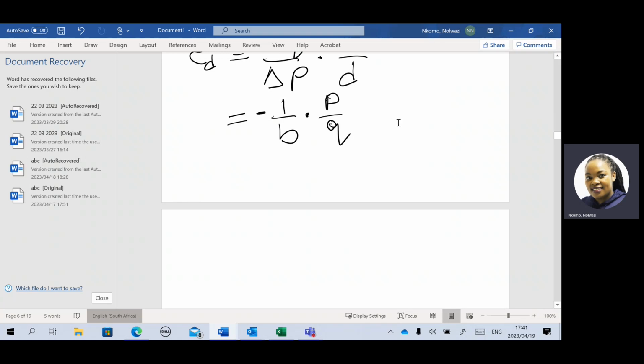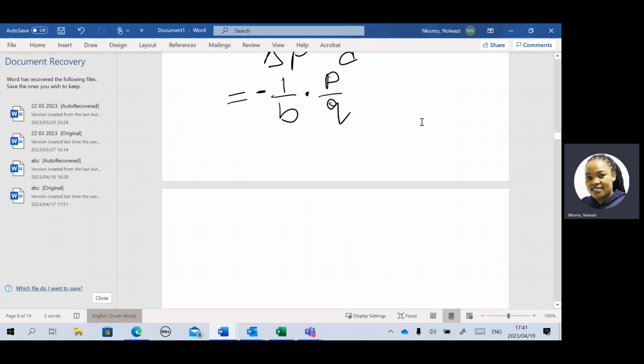Okay, for nonlinear function, we will use the derivatives, right? So if we use the derivative, this means the elasticity of demand for nonlinear would be given as E equals the derivative of Q with respect to P times P over Q. Okay. The trick is here.